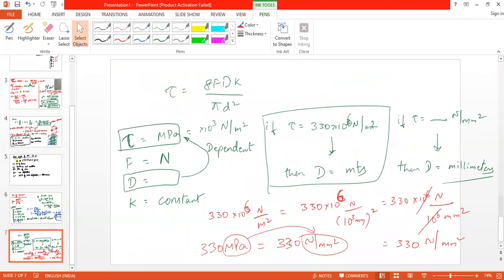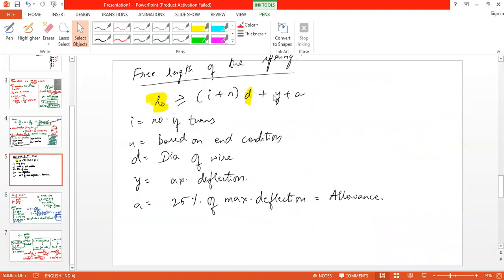So what is the free length? Free length of the spring is given by the equation. So now we got this as 9, and diameter of the wire is 2.5 mm, and the maximum deflection is 33 mm, and this is 25% of 33.